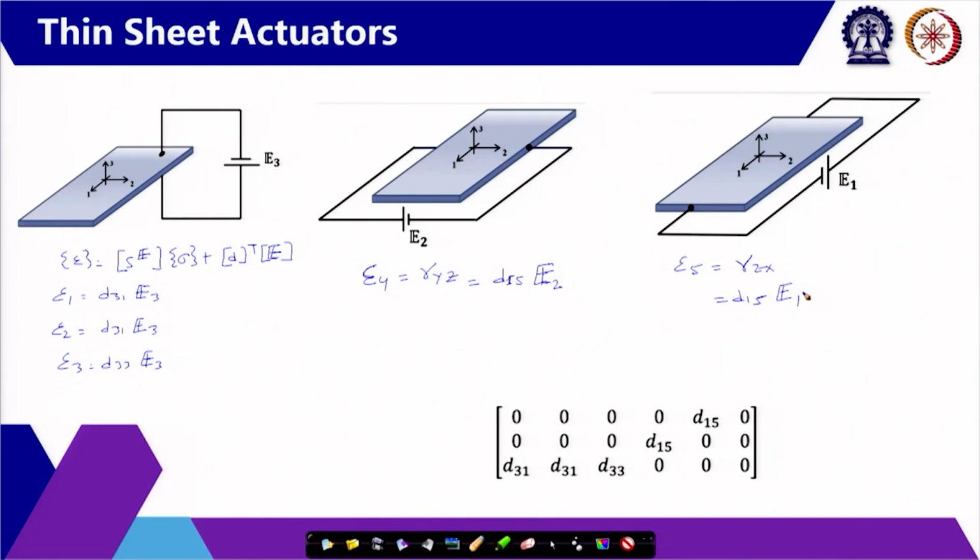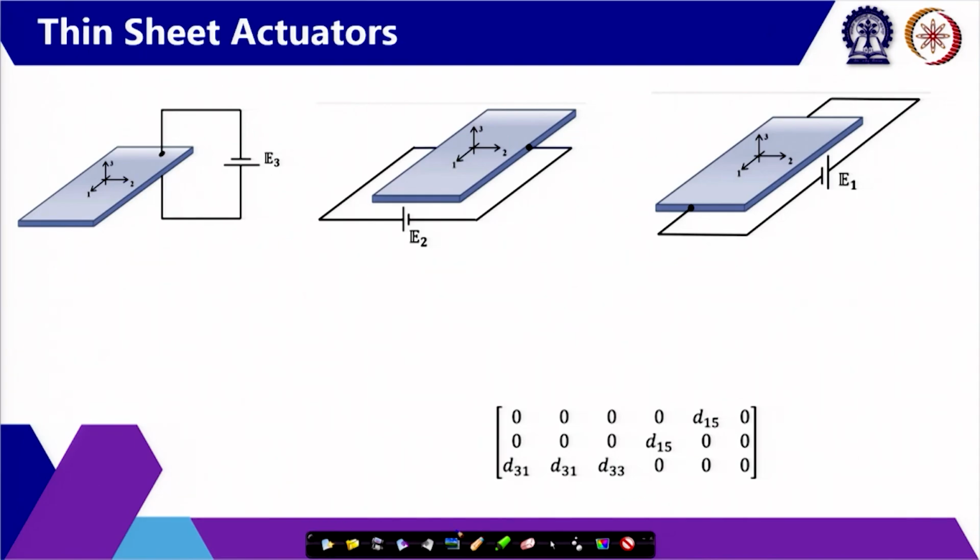So, these are several modes of actuation, and under those different modes of actuation these are the different strains that we get.